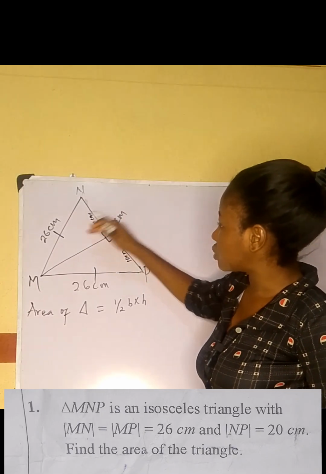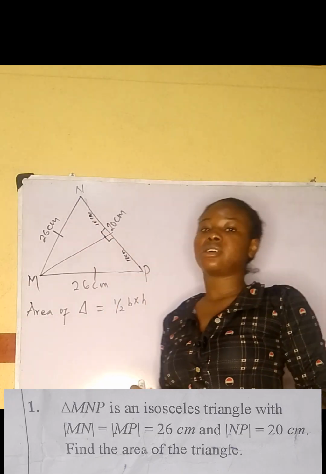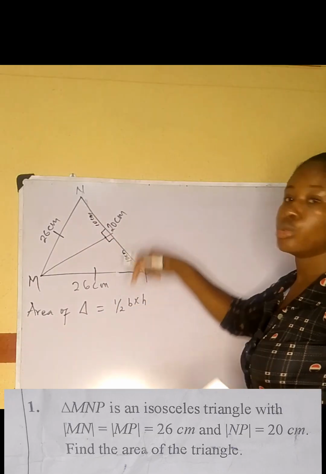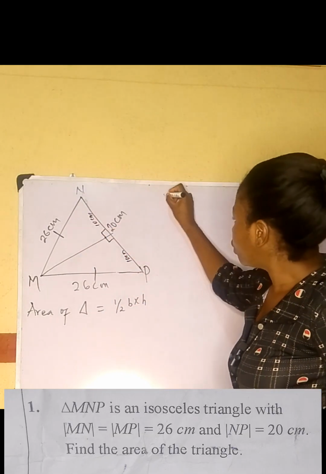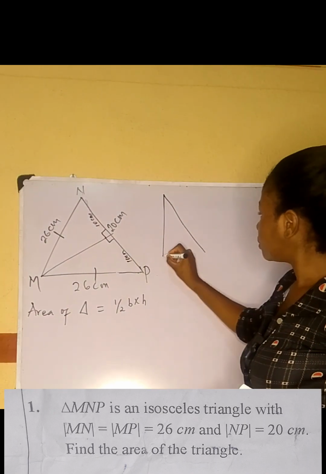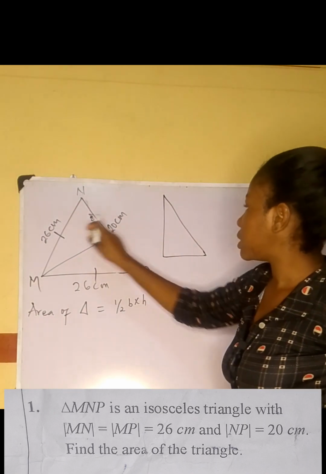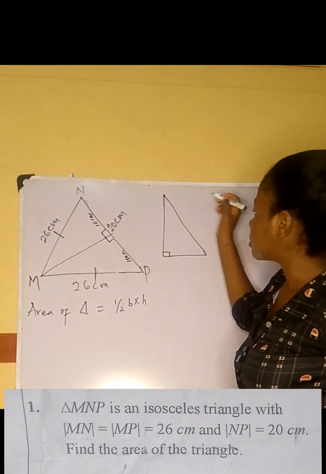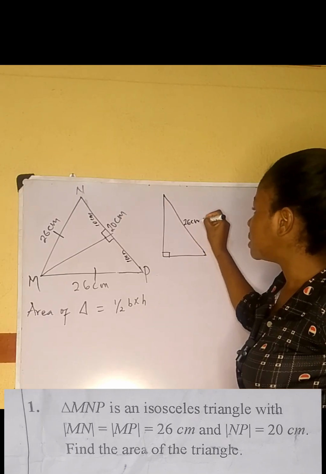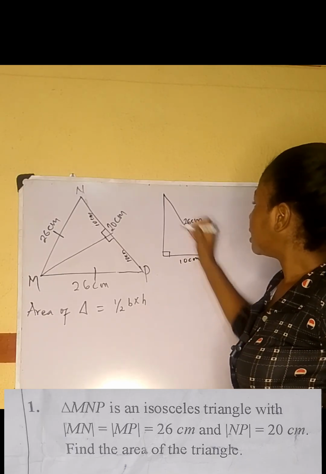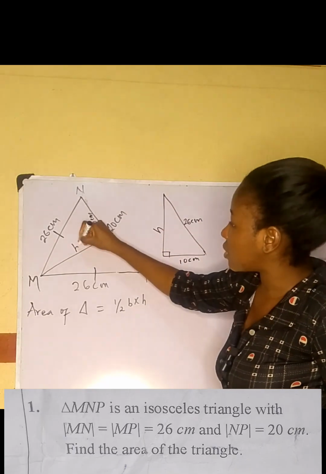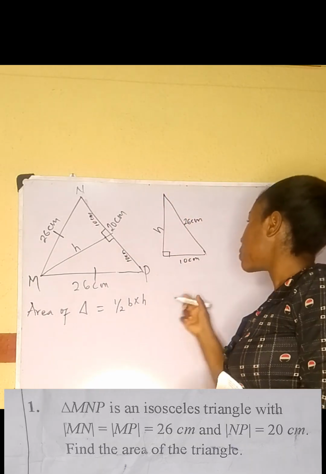These two triangles now are right angle triangles. So if I show one of these triangles, look at what we have here. One of these triangles is now something like this. Here is 26 cm, here is 10, and we don't know here. This is our height.